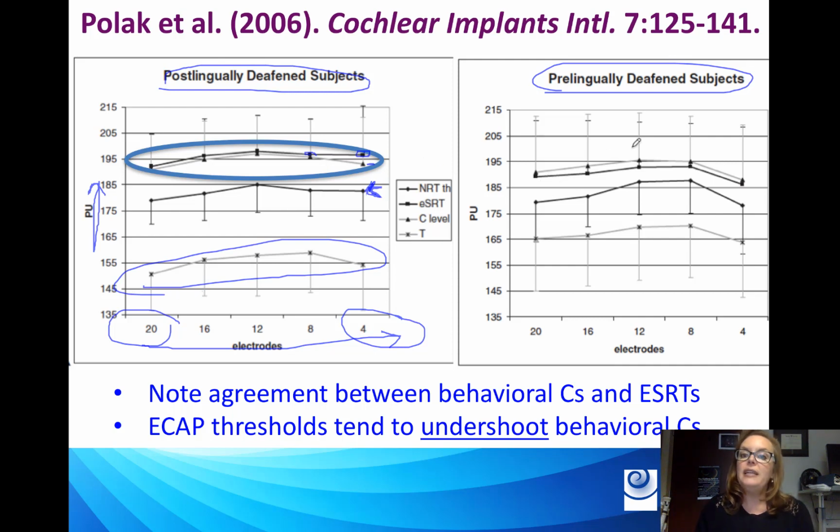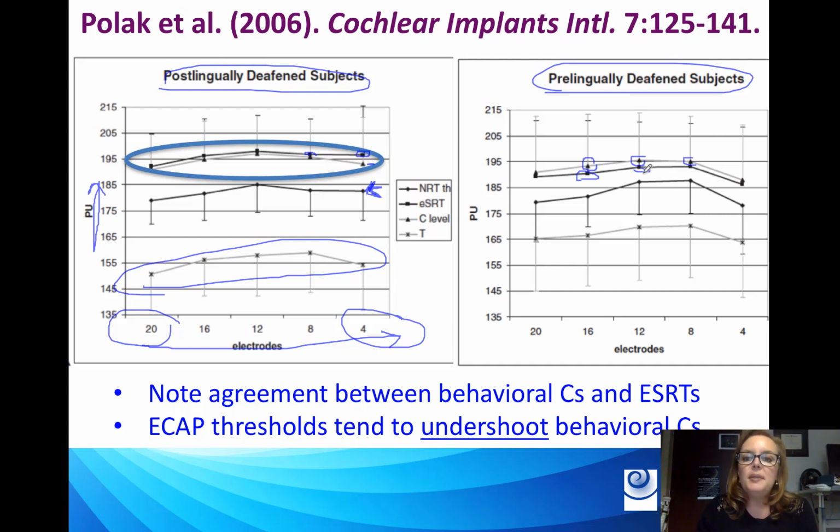Okay, prelingually deafened. This is the important part. So the C levels behavioral are these triangles, and the ESRTs in this case are actually below where their behaviorally set C levels are.